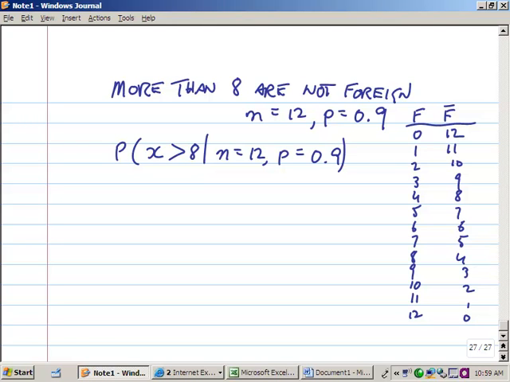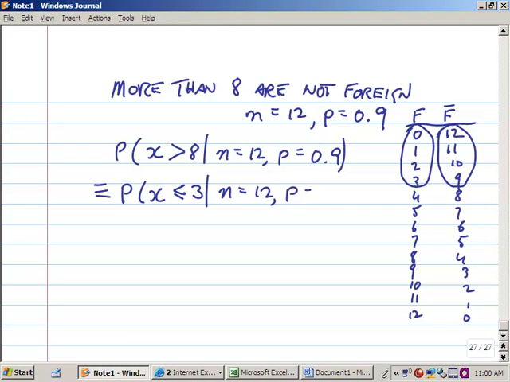And the difficult part here is for me to make sure I keep these numbers lined up. Alright, so it says more than 8 are not foreign. More than 8 are not foreign means 9 not foreign or 10 not foreign, etc. And that's identical to 0 through 3 foreigners. So this is identical to the probability of x less or equal to 3, n of 12, p of 0.1, if we're doing it in terms of foreigners.